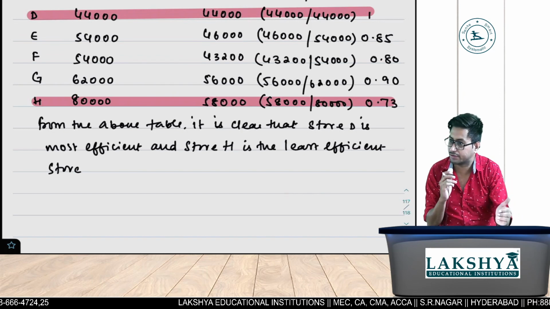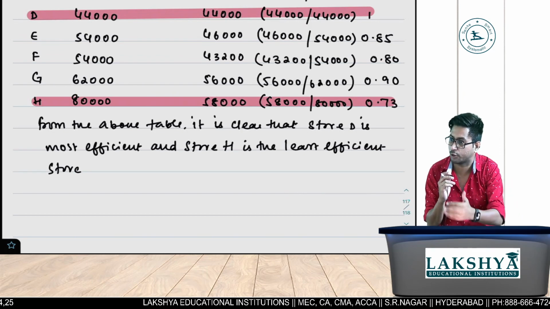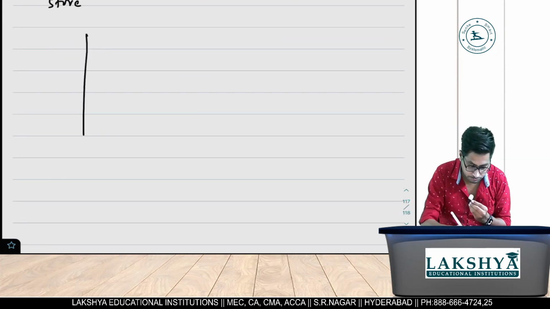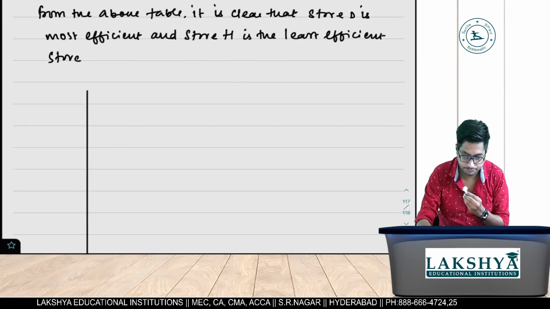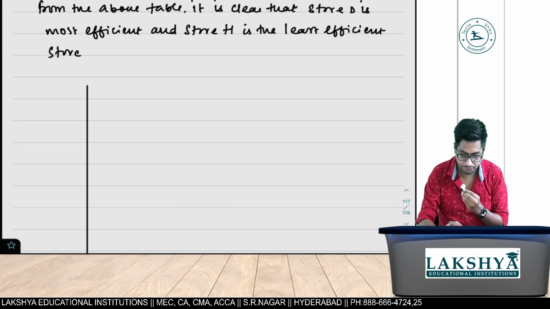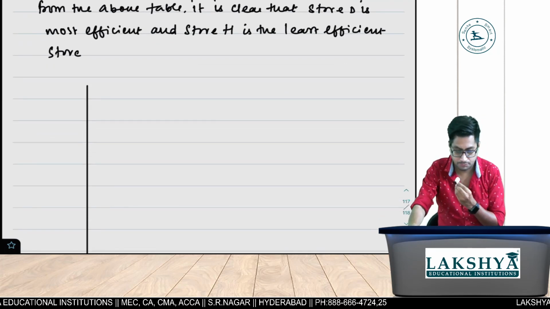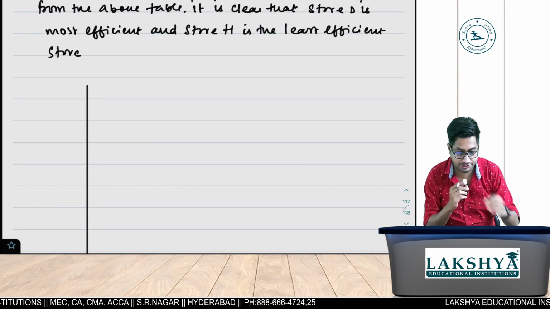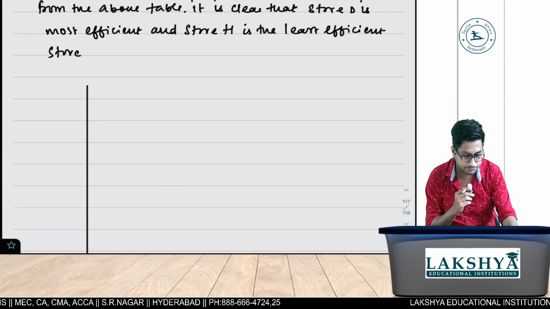Now same thing, what we will do, we will show in the form of a chart. Two charts we will show. From the above table, it is clear that store D is the most efficient and store H is the least efficient.